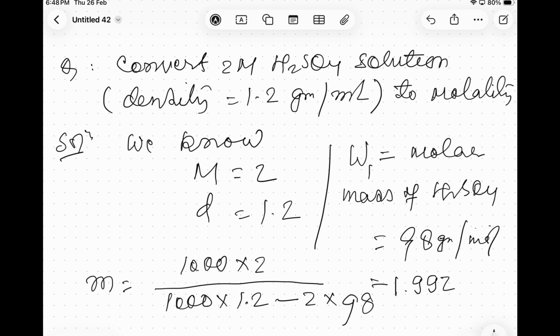What is the summary of today's discussion? Today we learned molarity, molality, mole fraction, and interconversion of molarity into molality.